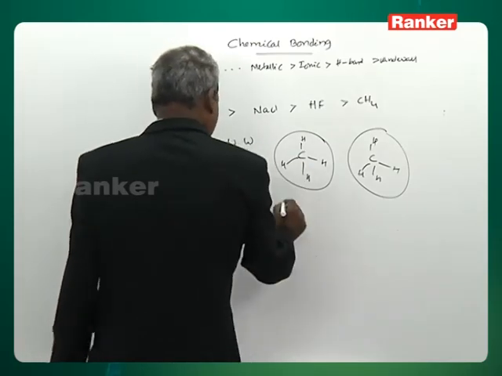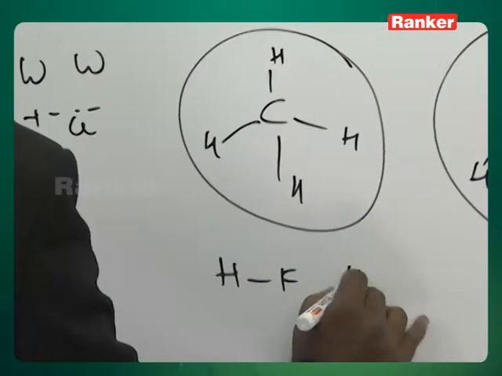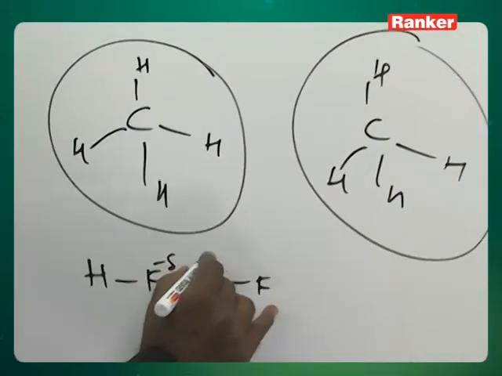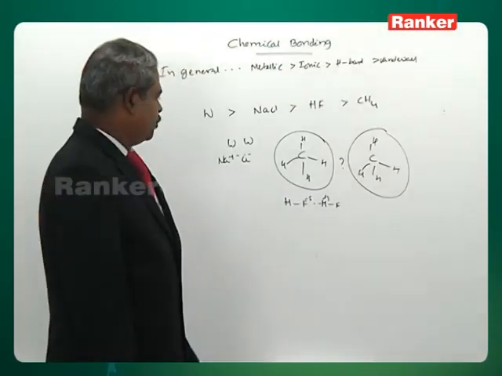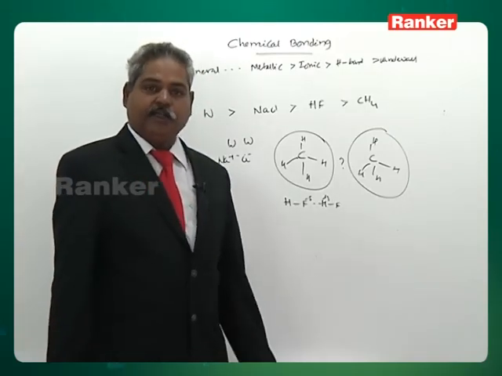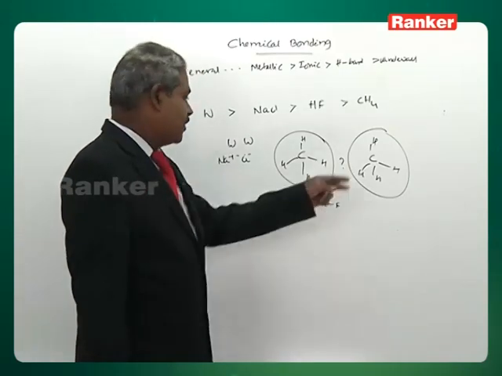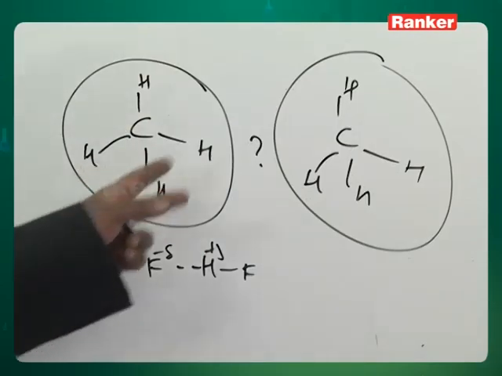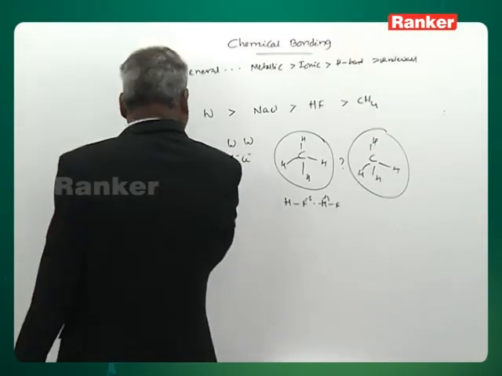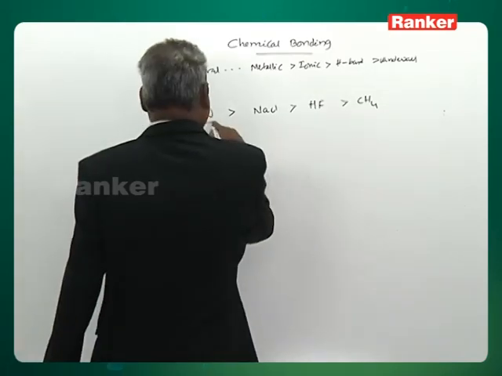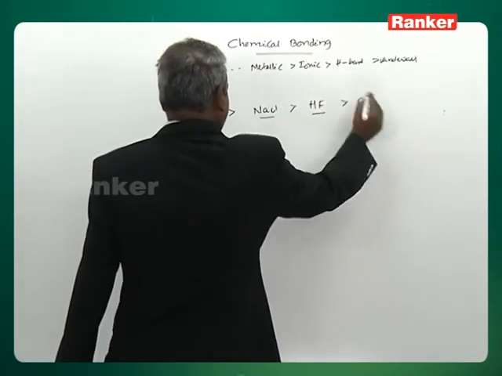Between HF and HF, you at least have hydrogen bond. But what do you have here? Nothing. You don't have any attractive force between methane and methane, and that nothing is called van der Waals force of attraction, which depends on mass. Van der Waals force of attraction. Now, tungsten, NaCl, HF, methane.